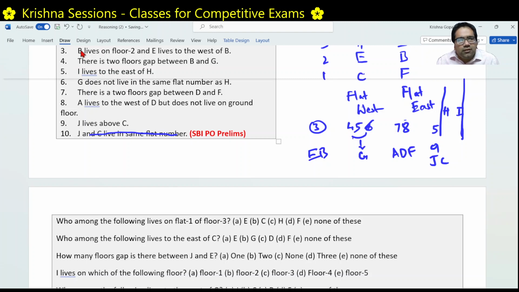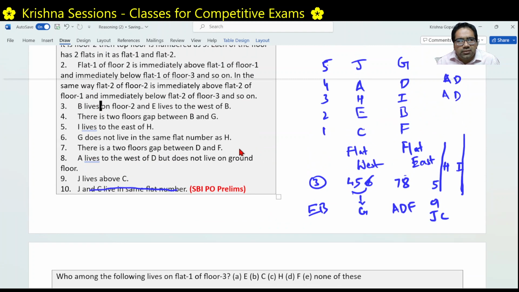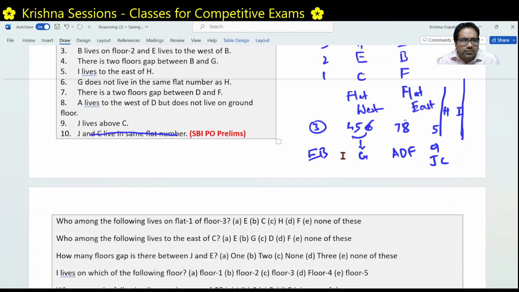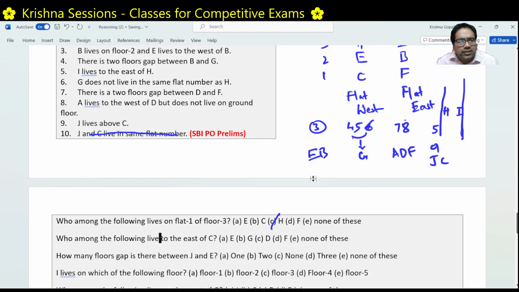Right. Flat 1 of floor 3. Then what would that be? Flat 1, let's say if this is flat 1 of floor 3, it is H. Right. It is H. Which among the following lives to the east of C? East of C is F. Right?